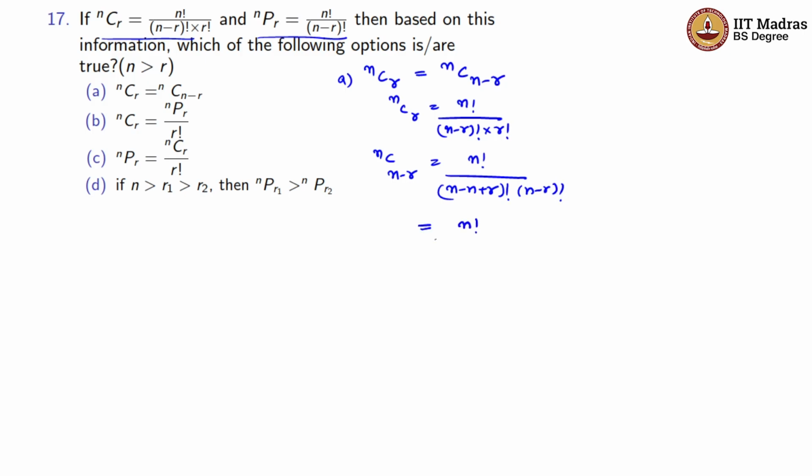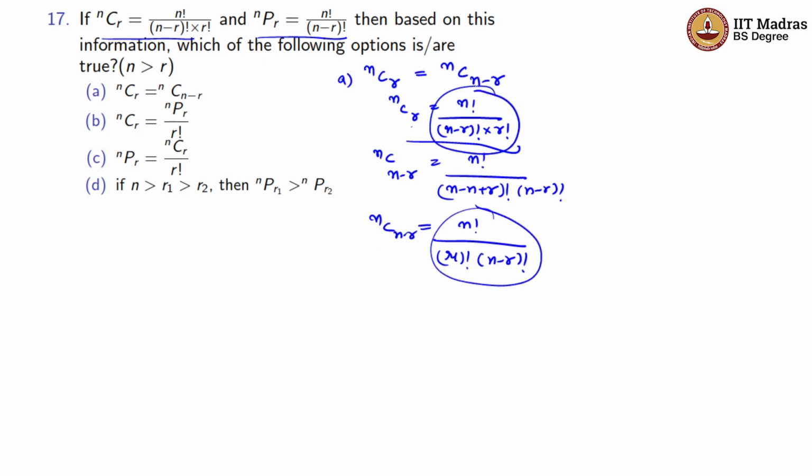Which will be equal to n factorial upon r factorial (n minus r) factorial. So if we look at both of the expressions, nCr is equal to this and nC(n minus r) is also equal to this. The right hand sides are equal, that means the left hand sides will be equal, that means nCr is equal to nC(n minus r). Okay, so this option is true. Option A is true.